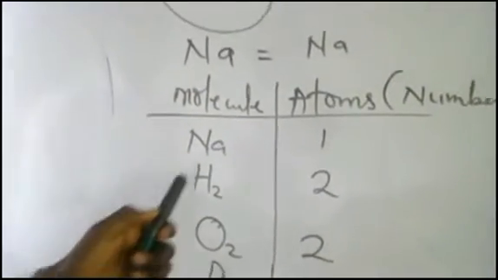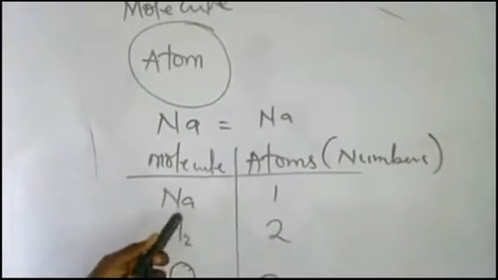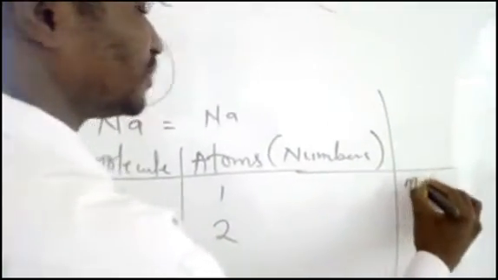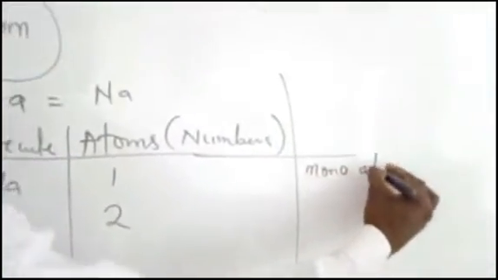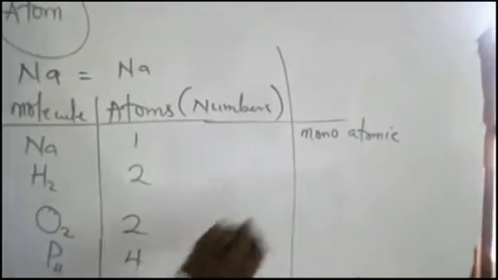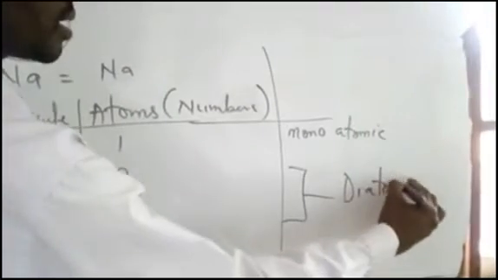The molecule that has just 1 atom inside it is what we refer to as a monoatomic molecule. The one that has 2 atoms, we have a diatomic molecule.